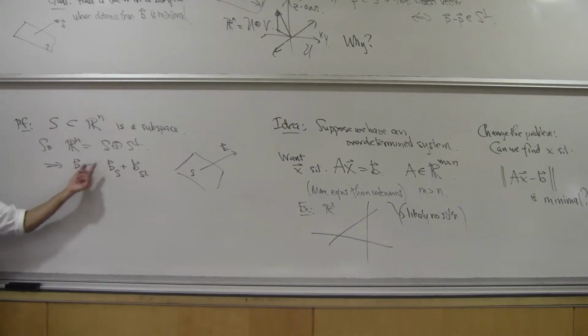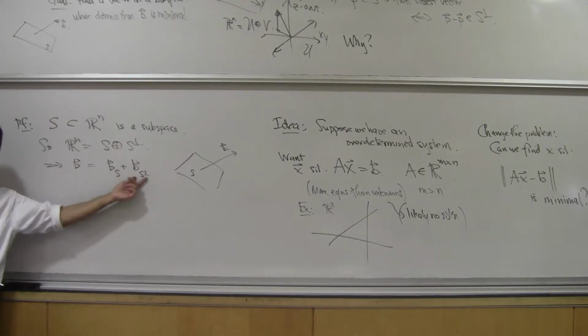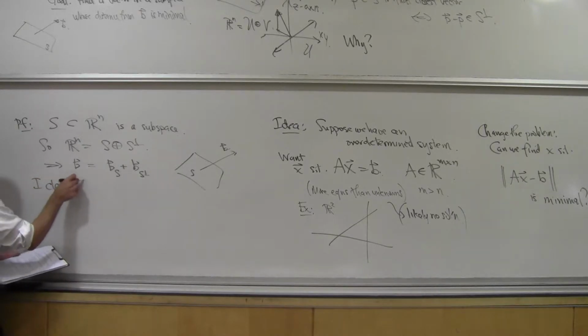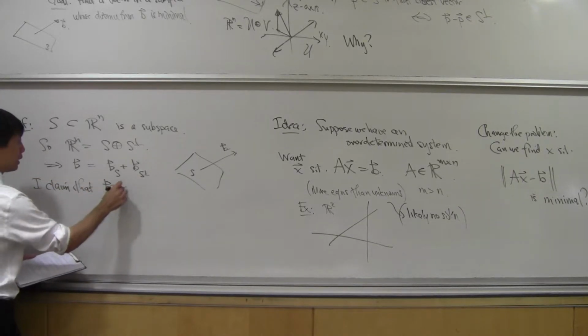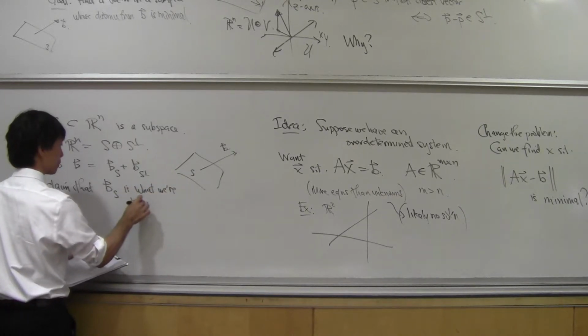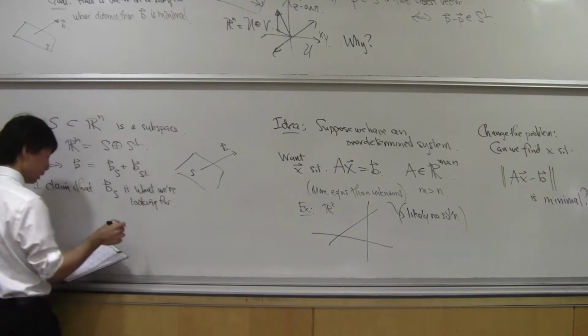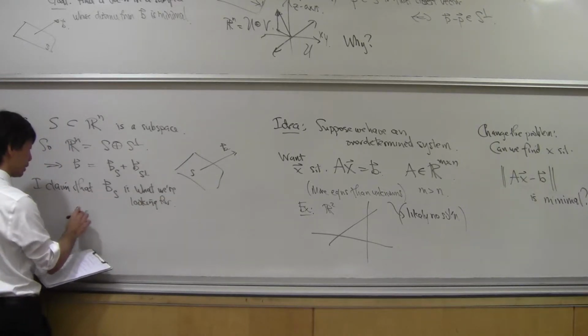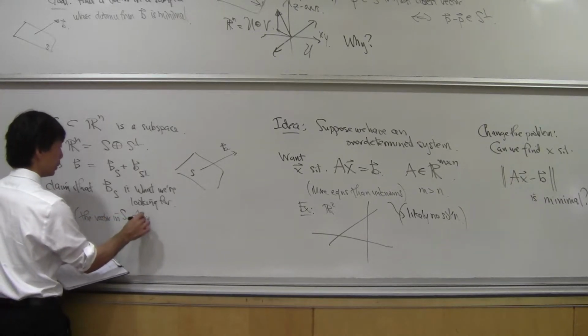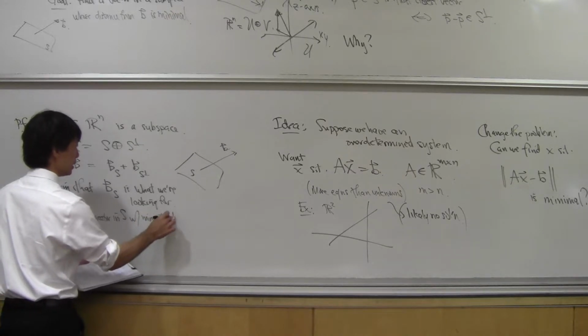You can split B up into something in S and something in S perp, because you have a direct sum. So I claim that this Bs is what we're looking for: the vector in S with minimal distance to B.